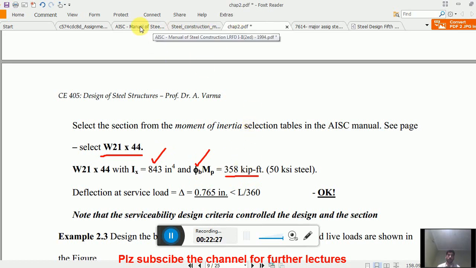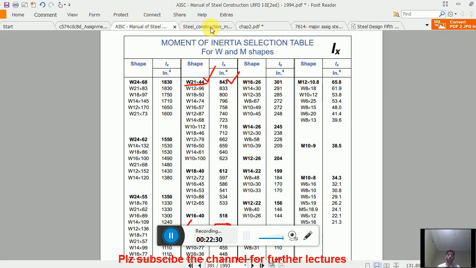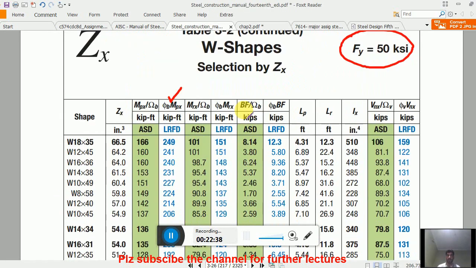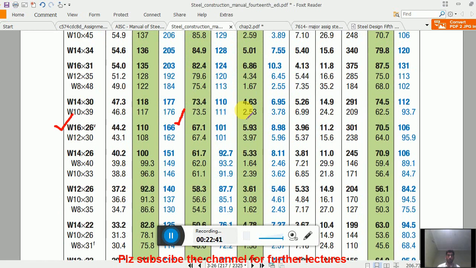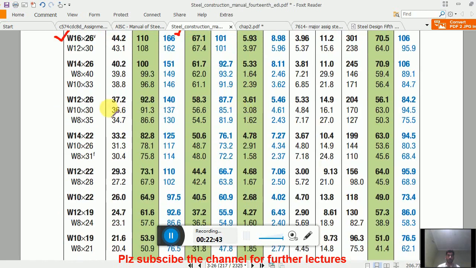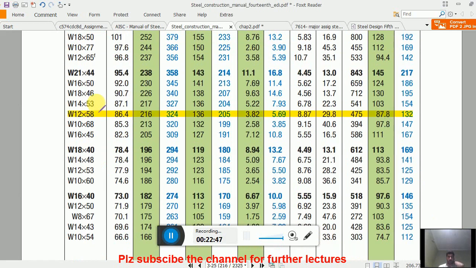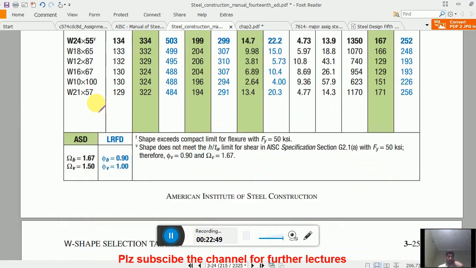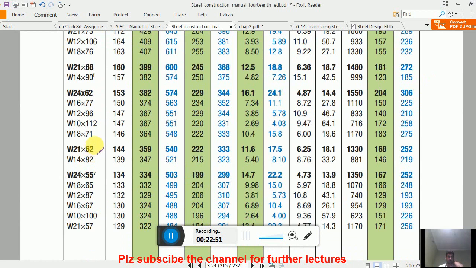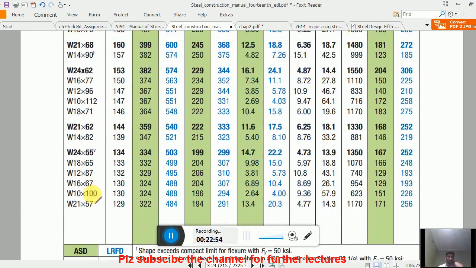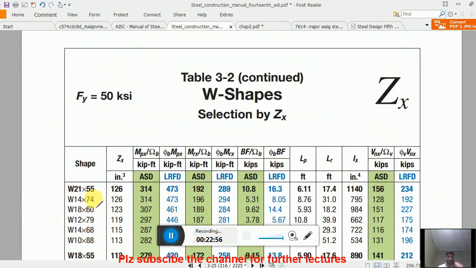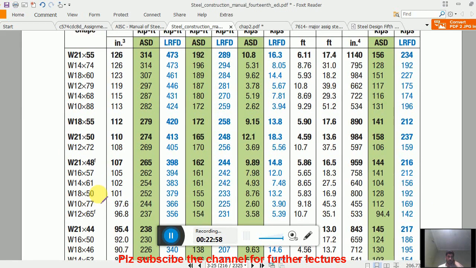For that purpose, you need to go to the ZX table in the same LRFD manual and find out its strength. Or if you have an AISC manual, you need to go to this table where you have the W21 44 section, where it is 21, this one, this is 55, this is 48, and this one.